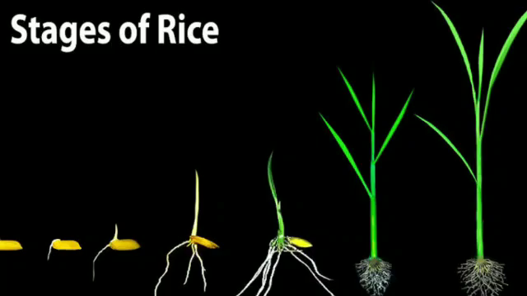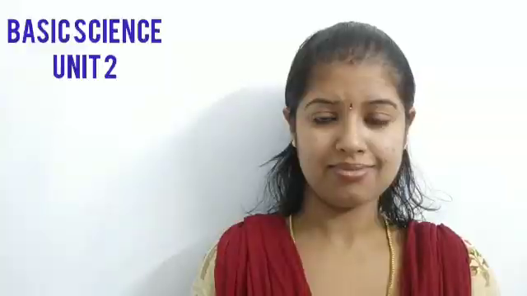What is the meaning of shrink? It decreases in size, and as a result the plants grow. It's the same thing that happened in the bean seed. So this is the picture of the germination of a rice plant.